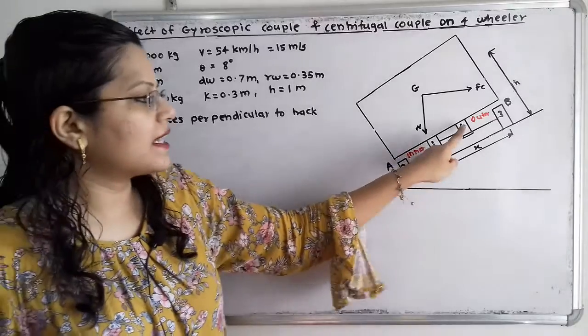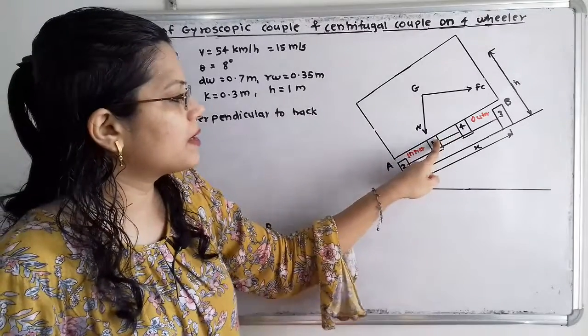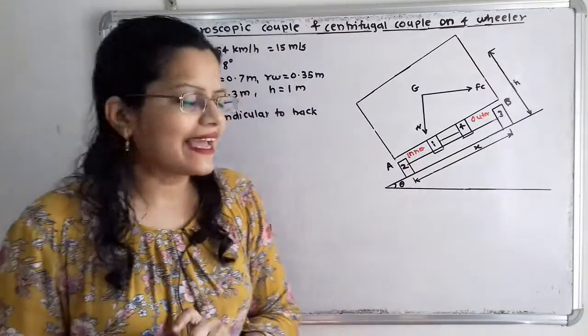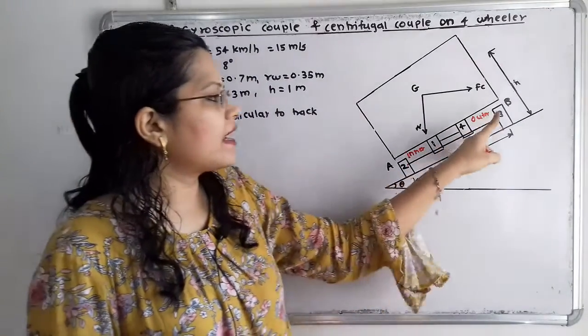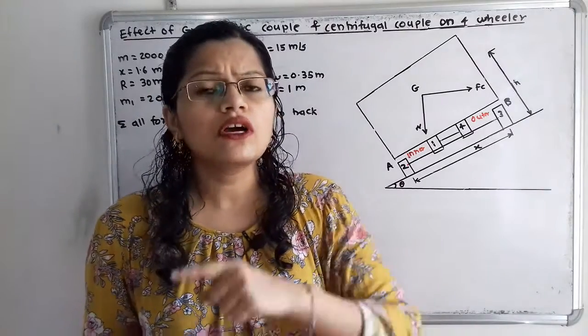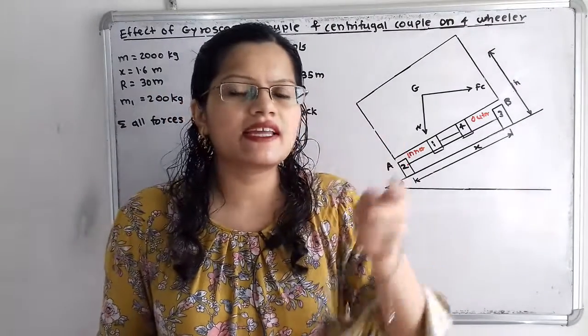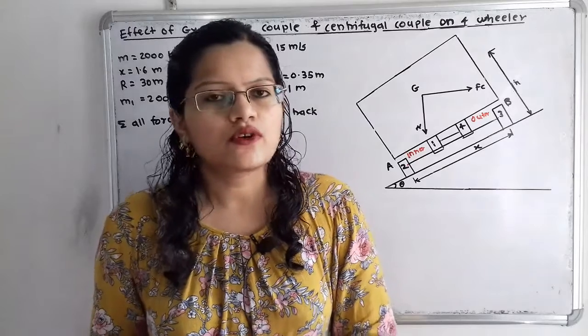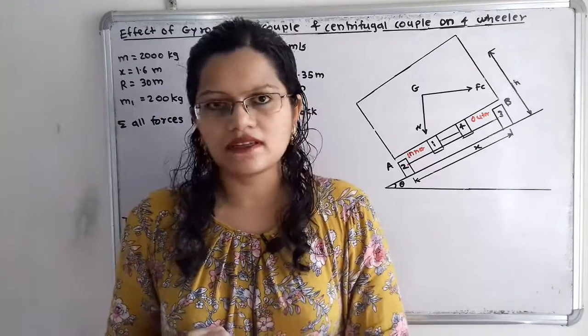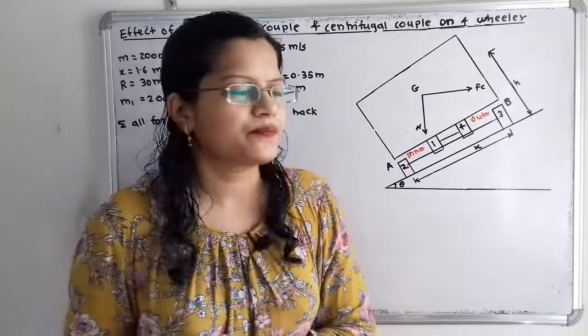These are the back side wheels, wheel number 1 and 4, and there is also a line joining them. This line joining the inner wheel and outer wheel is known as the axle. Around that axle the wheel is rotated, so we can say that this axle is nothing but the axis of spin.